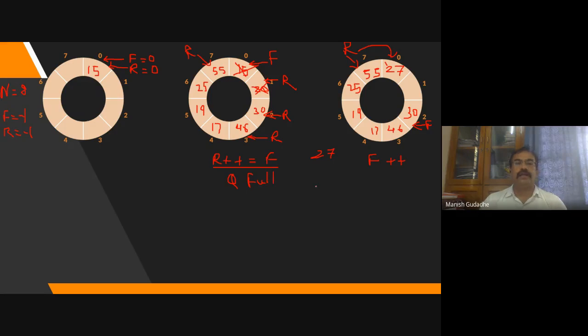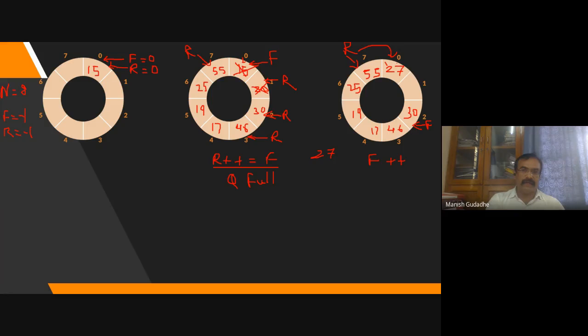So if I am incrementing R further, I am going to point to this particular element, which is F. So I cannot insert any more elements. And if R plus 1 is not equal to F, there is a vacancy to insert an element. So in this case, when I add to R, it will point to the next element, which is not F. So it is possible for me to add an element.